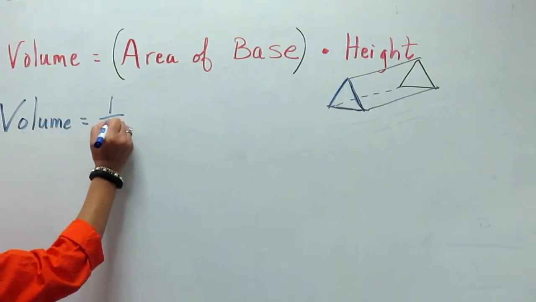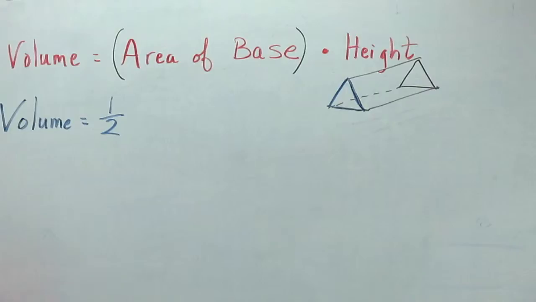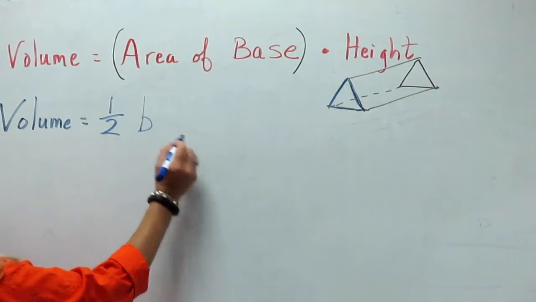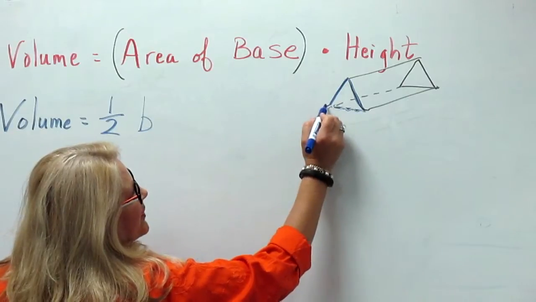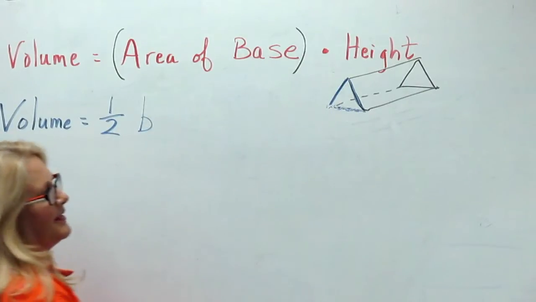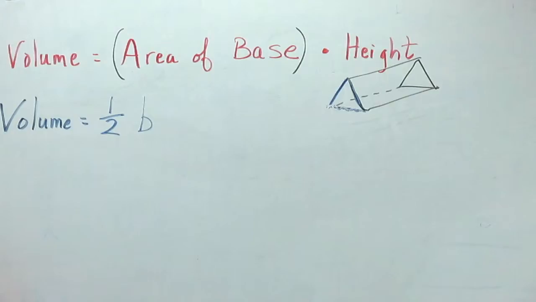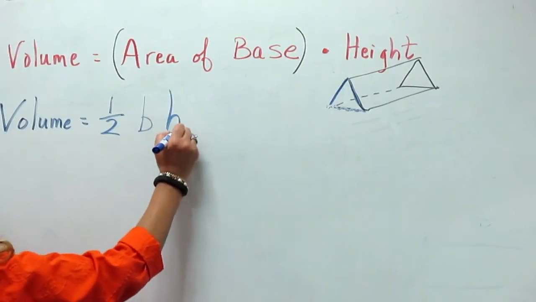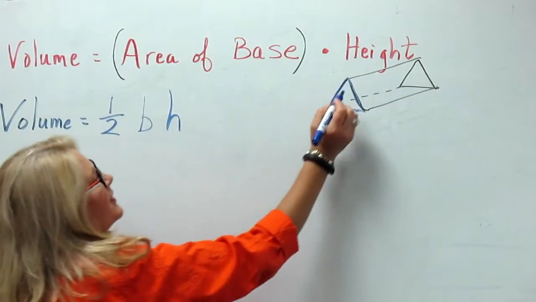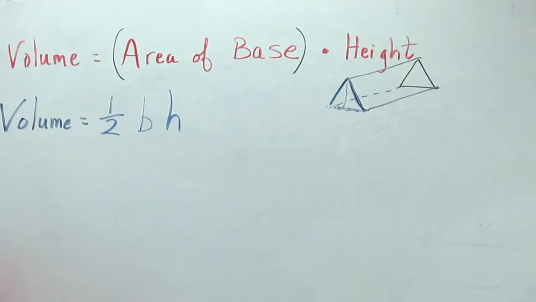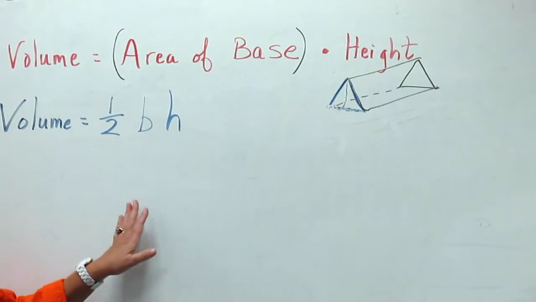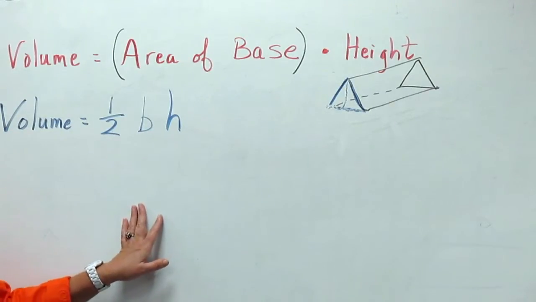equals 1/2. Now base, I'll use a B, and that's going to be this line segment right here. Whatever this distance is, that's going to be the base of that triangle. Do we see that? And then times the height of the triangle. Well, that's going to be the distance straight down perpendicular to the base of the triangle. Make sense?